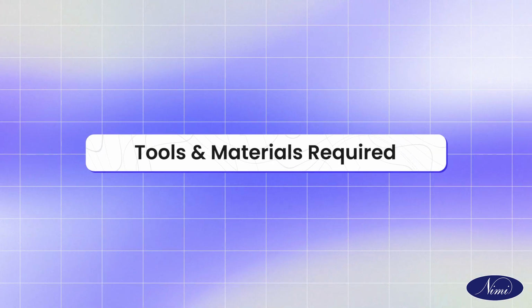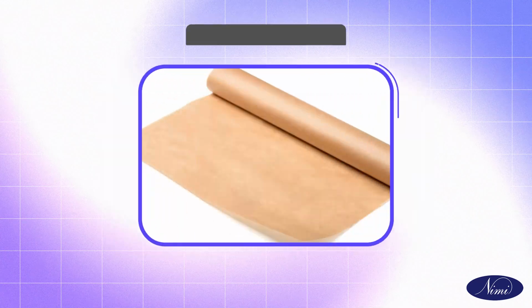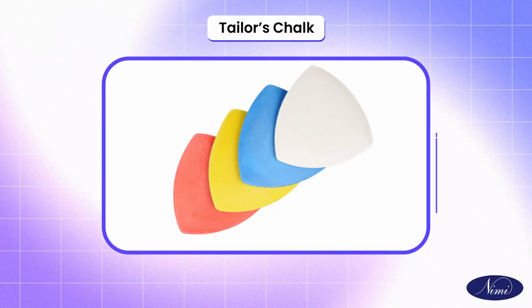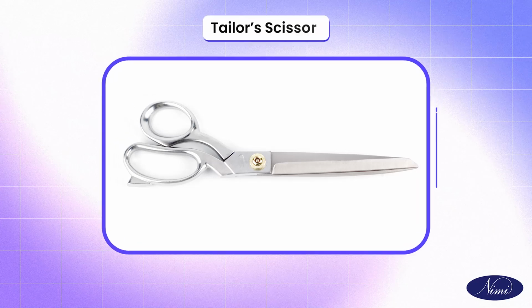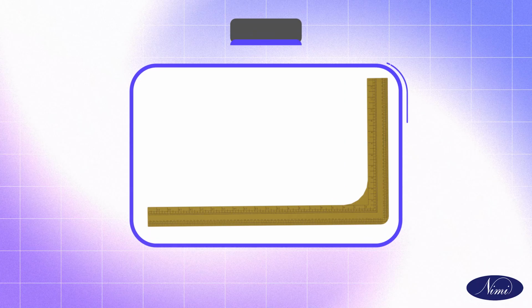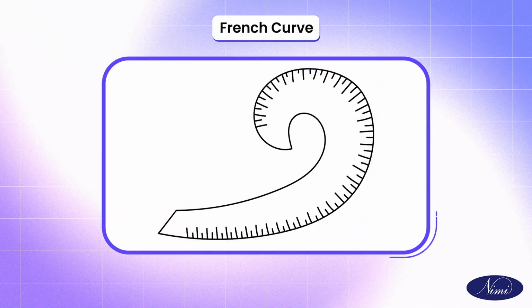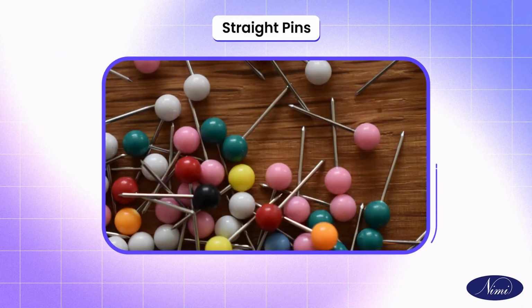The required tools and materials for drafting a Kameez are 2.6 meter into 0.9 meter of poplin fabric, brown tracing paper, tailor's chalk, plastic ruler, tailor's scissors, measuring tape, L scale, French curve, tracing wheel, straight pins.